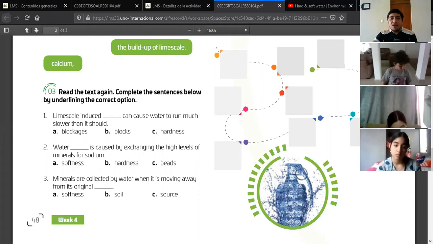And then we have number 3. Well, this is in general, guys. Number 3. It says minerals are collected by water when it is moving away from its original what? Source. Okay, Ena and Roberto and Diego Campos and Danny Farfan, source. Number 3 is source.